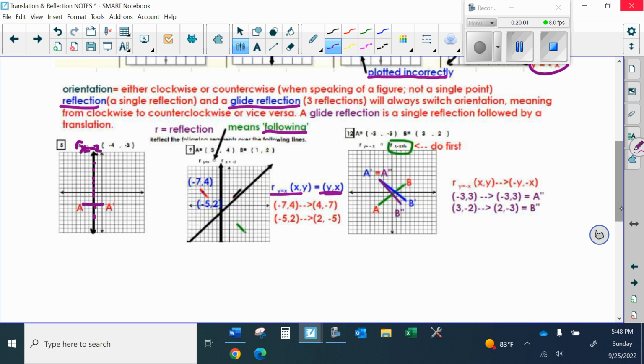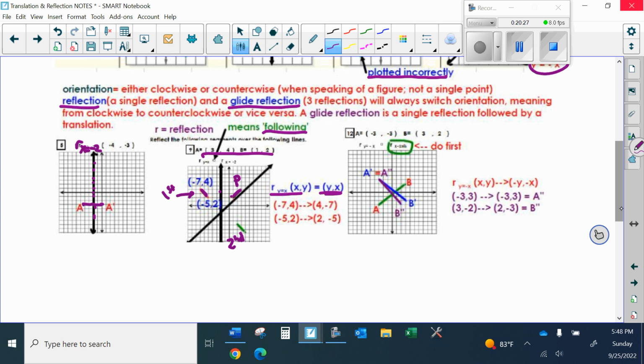Here's my preimage right here, (3, 4), that one and (1, 2). So I'm going right here. Then I reflect over the line x equals 2. That puts it right there. So there's my preimage. This is my first image. And this is my second image right here. That's what happened. I wasn't paying attention to where I started from. So that is correct.